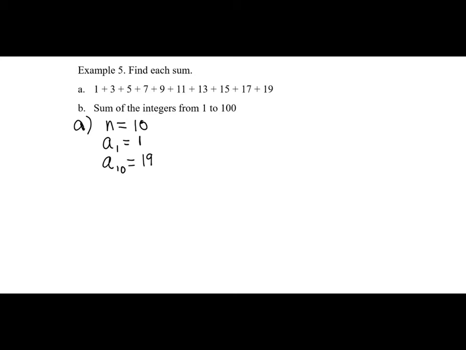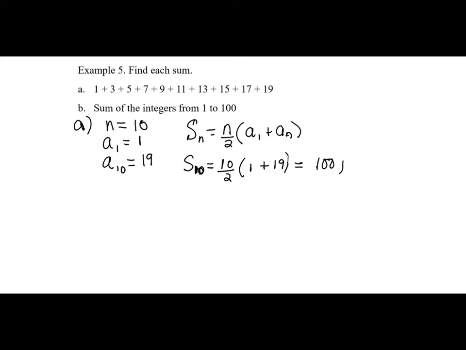So we can put this together for our formula that S sub n is equal to n over 2 times the first term plus the last term. So I have that S sub n, or S sub 10, we can fill that in. S sub 10 is equal to 10 over 2 times 1 plus 19. And when we simplify this all the way, we wind up getting that this sum is 100.